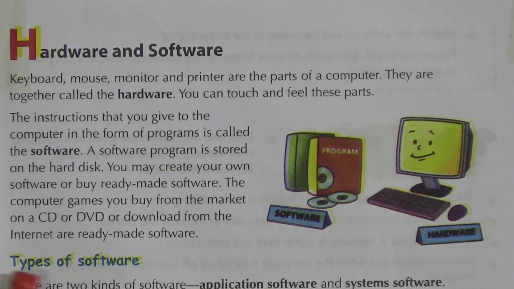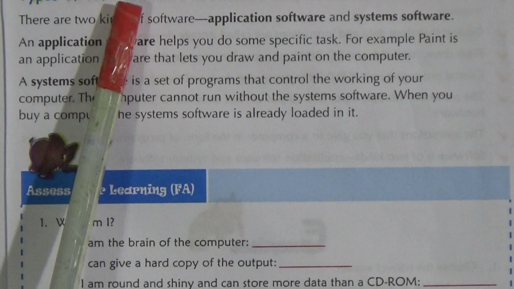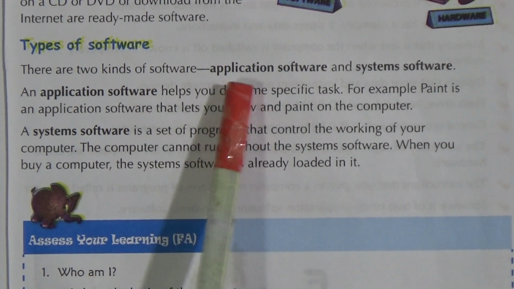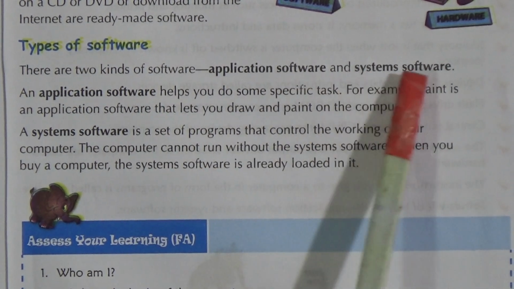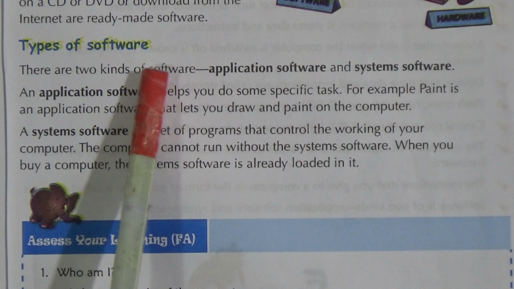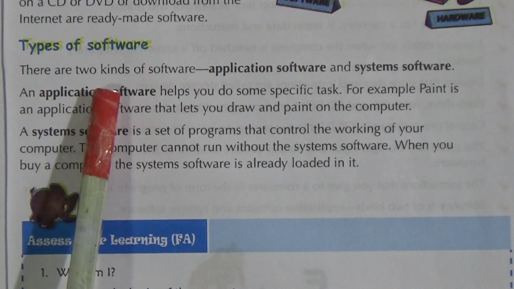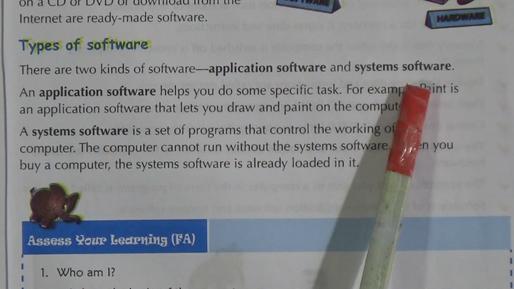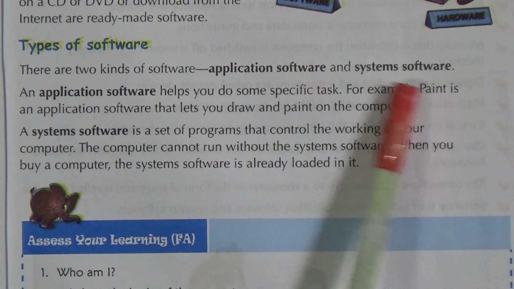Let's look at types of software. There are two kinds of software: application software and system software. So software also is of two kinds. One is application software and another is system software.